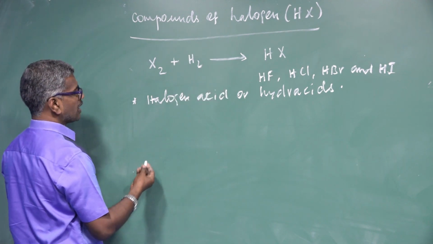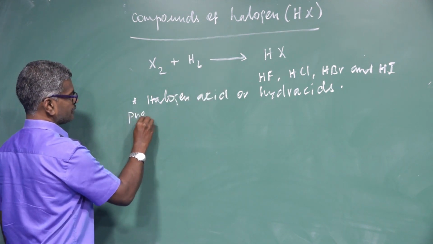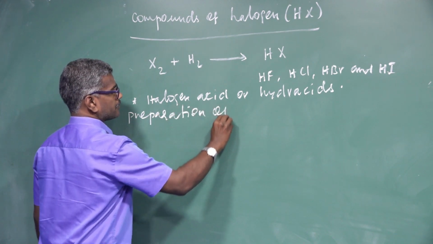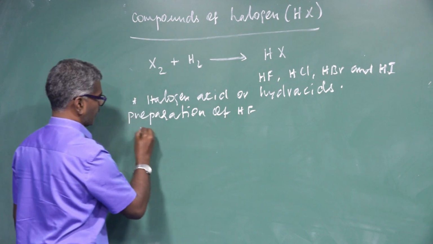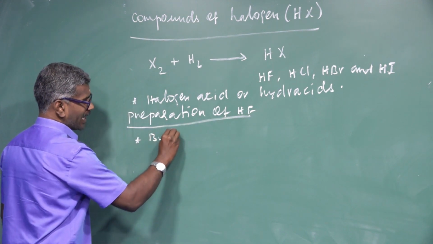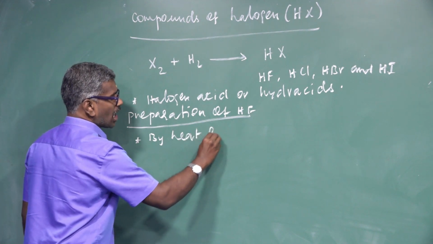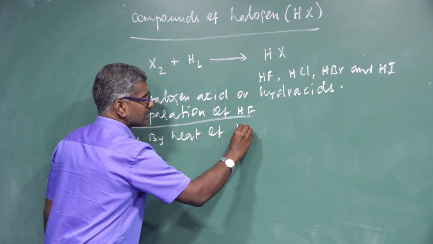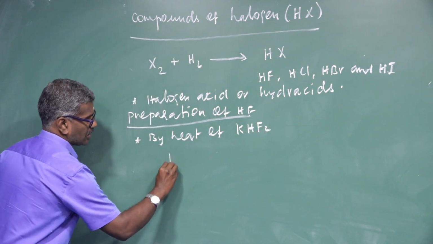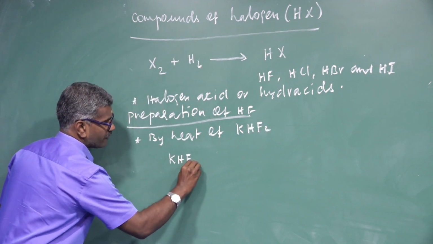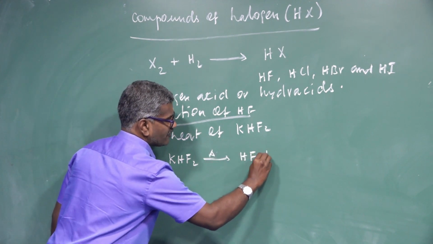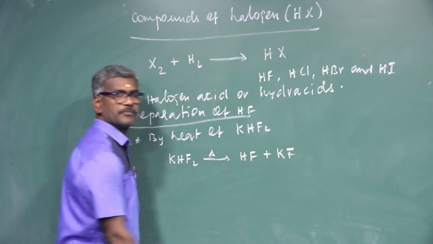First, preparation of HF. Point number 1, by heating fused potassium hydrogen fluoride, KHF2, heated to form HF and KF.